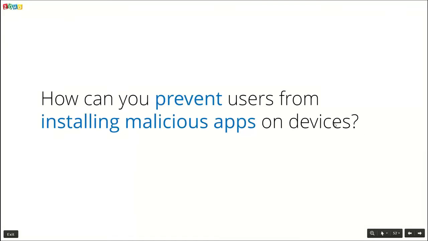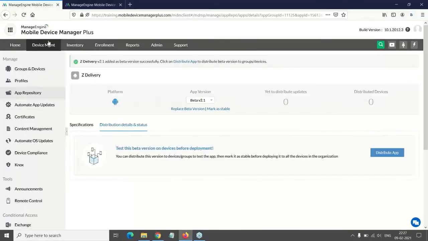So we have seen how to make sure that the business applications we need are deployed on the devices, be it store applications or enterprise applications, via MDM. Now we'll see how to prevent the installation of unwanted applications on the devices. For that, we need to configure profile configurations under device management.